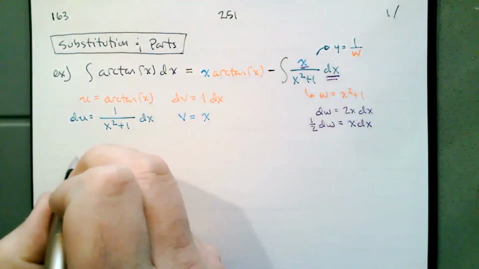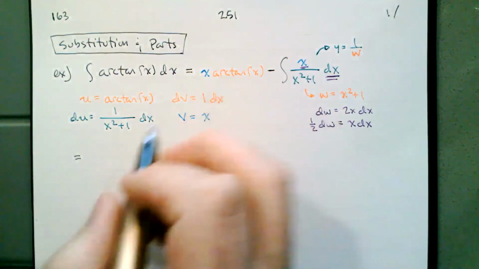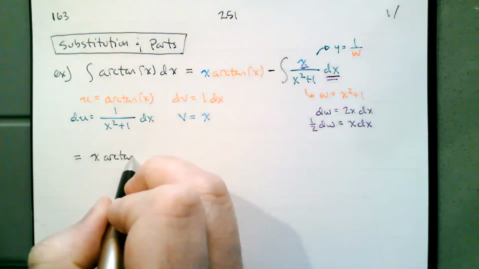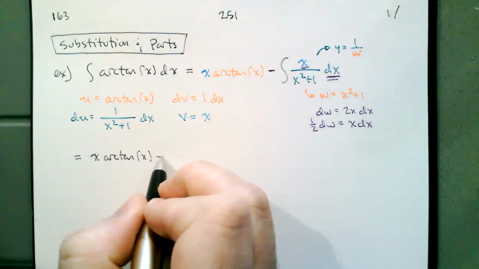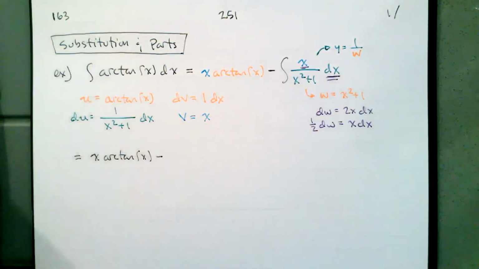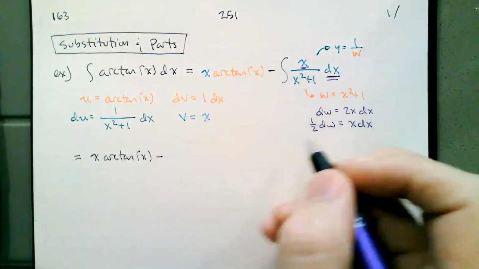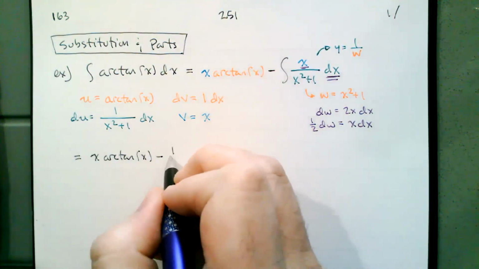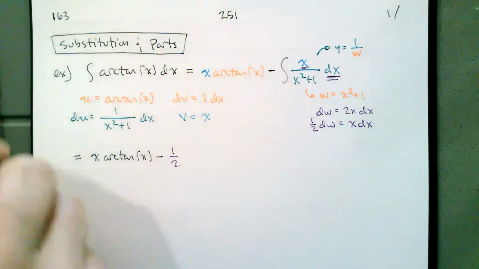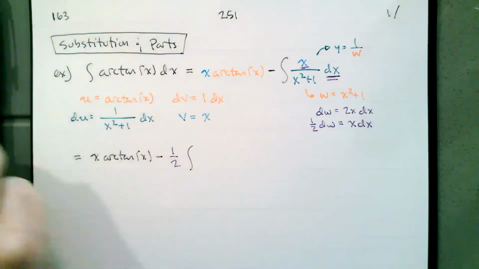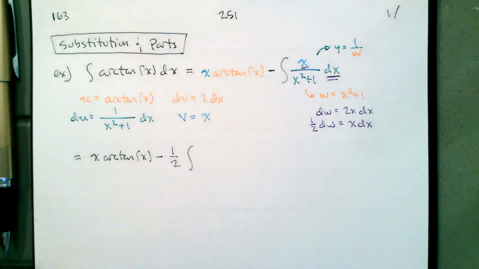So we still have x arctangent x, and now we can write the w integral for x over x squared plus 1. There's going to be a 1/2 I can put out in front, the integral of 1 over w dw.